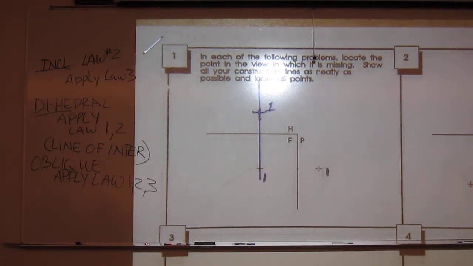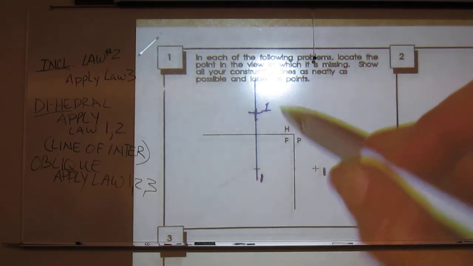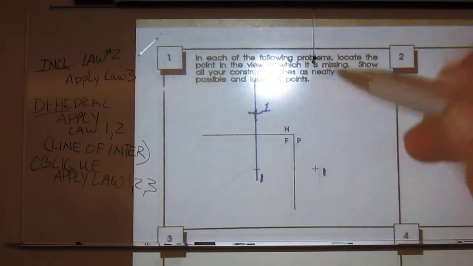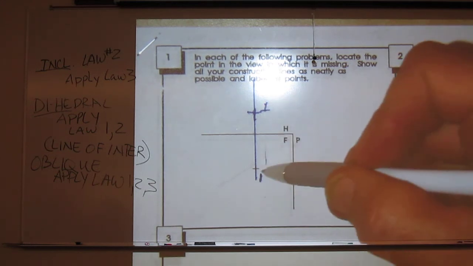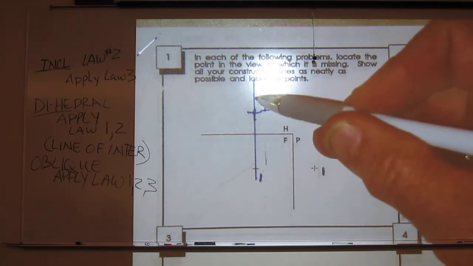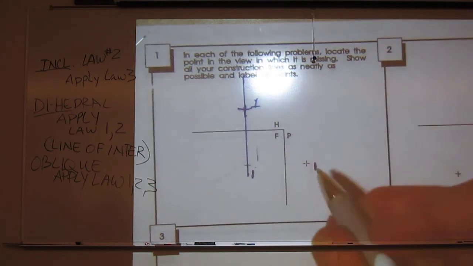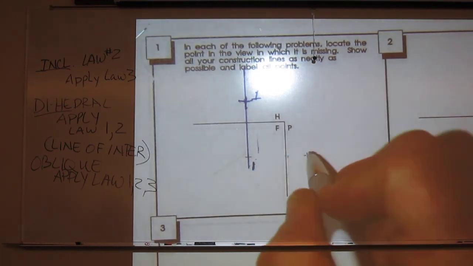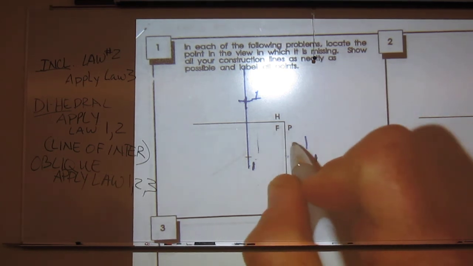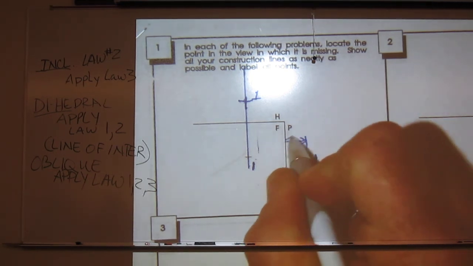Any questions on what we did? Yeah, you want me to repeat that one? Sure. I'm trying to locate it in the top view. I can always project perpendicular in between views, right? So I throw that line up. I know point 1 has to fall on the line, I just don't know where. So I go to a related view here, and I measure the distance from fold line to point. The distance you're measuring is this distance right here.